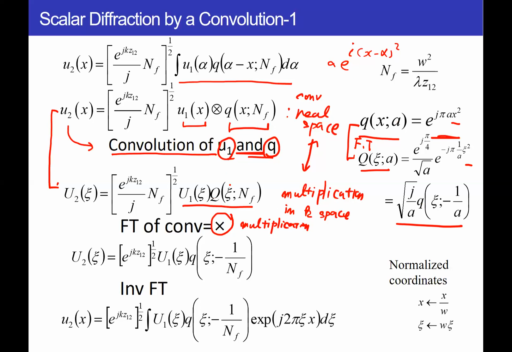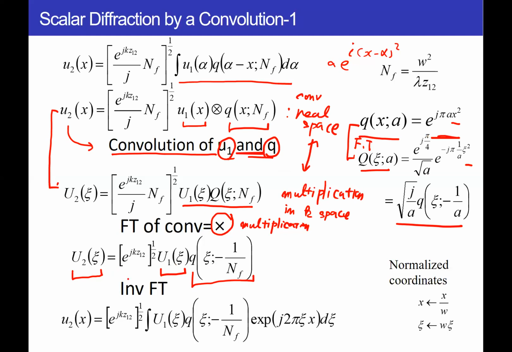So we know what the quadratic phase is. The Fourier transformation of a quadratic phase is nothing but the function itself with some different coefficient, okay? So we know the Fourier transformation of our field at the observation point is the multiplication of the Fourier transformation of the field at the aperture times the same quadratic phase that we already know, okay?